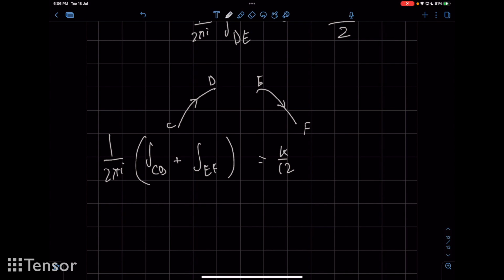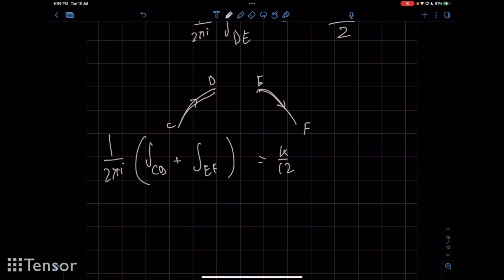Okay, can someone tell me how these two arcs are related? Reflection of one another. Yes, reflection about the imaginary axis. Okay, that's a very good answer.